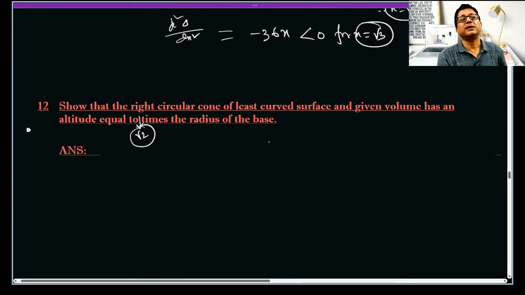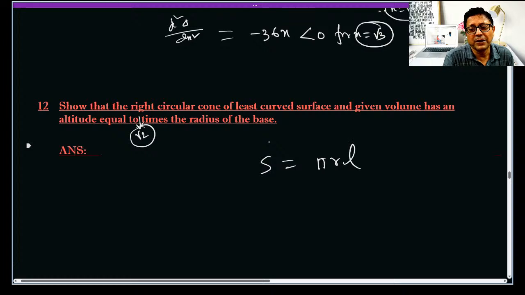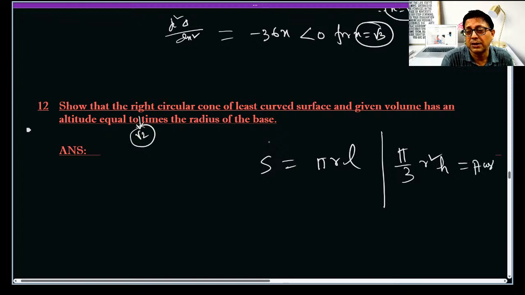Least curved surface area, S equal to pi r L. Given volume, right circular cone, 1/3 pi r square H, is equal to constant. Therefore, r square H equals a constant.